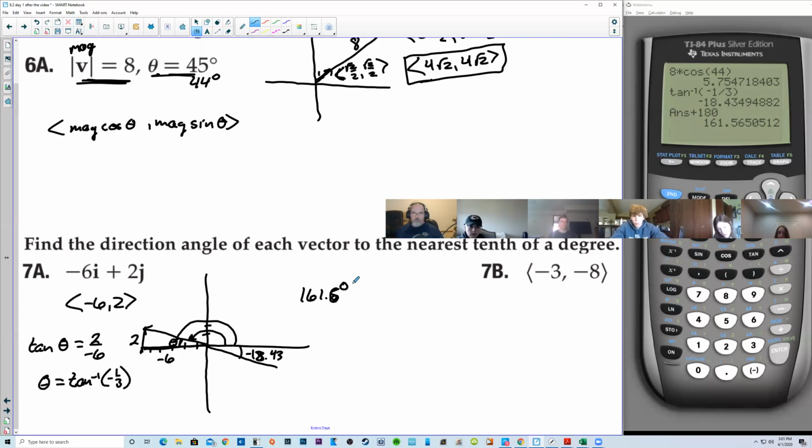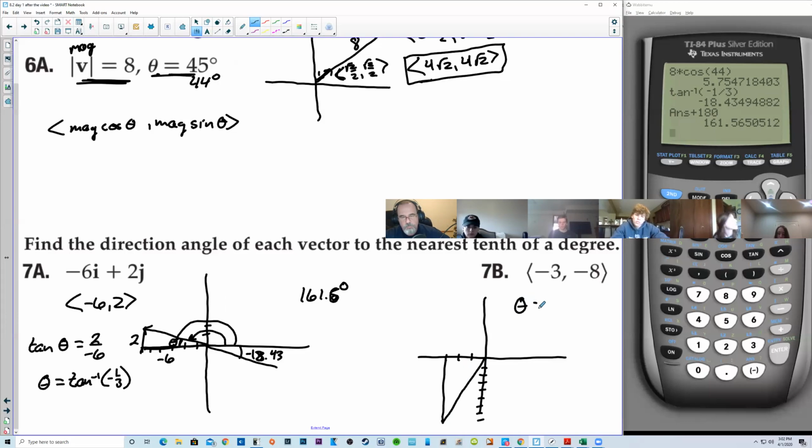Principal quadrants. Always have to keep those in mind. How about this one? Another one that's not a principal quadrant. These are kind of easy when it is principal quadrant, much easier. -3, -8. 3, 4, 5, 6, 7, 8. We don't have to be very exact here. We just have to have an idea of where this vector is.